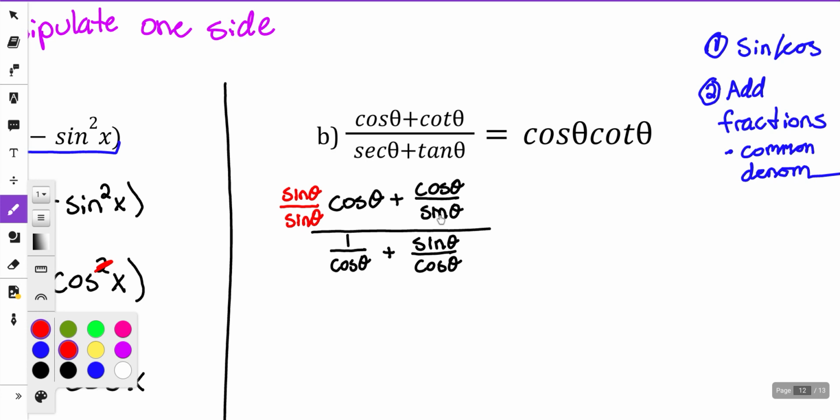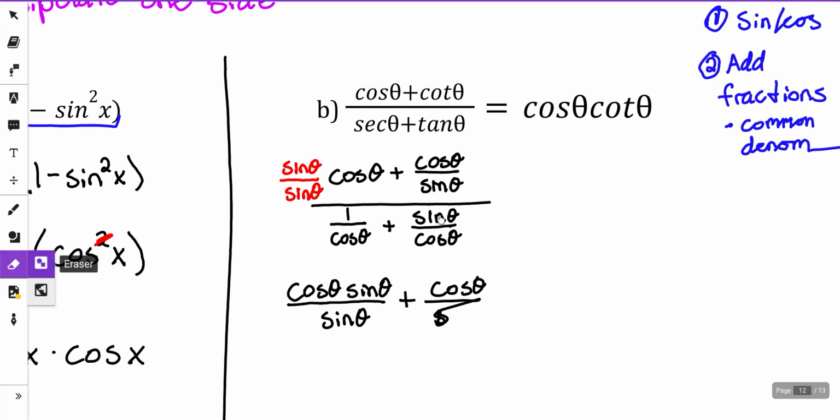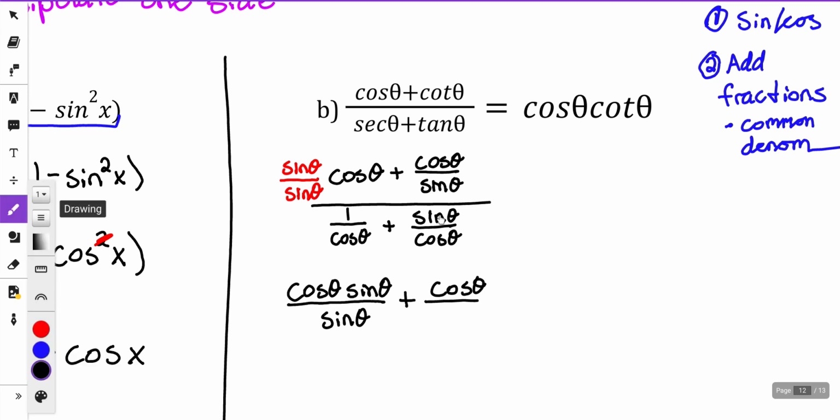Looking at the denominators, they already have a common denominator, so I don't need to do anything to that one yet. So I now have cos theta sine theta over sine theta plus cos theta over sine theta. Over, the denominator has not changed.